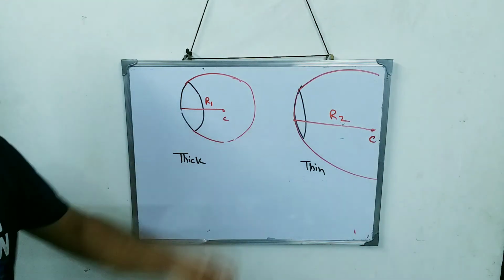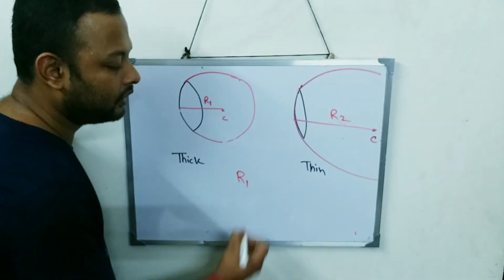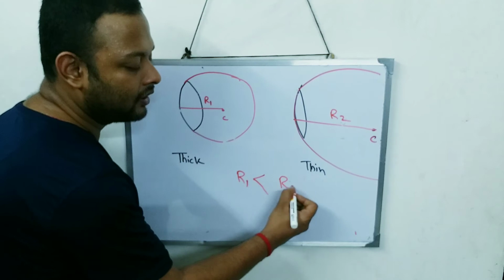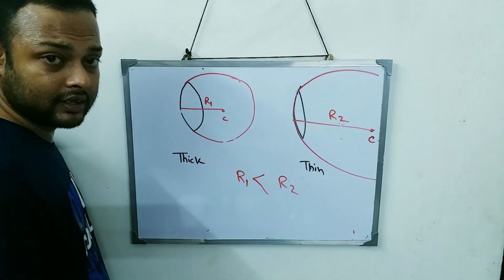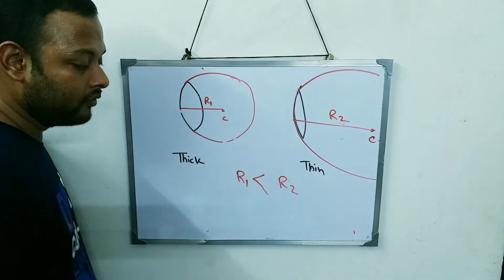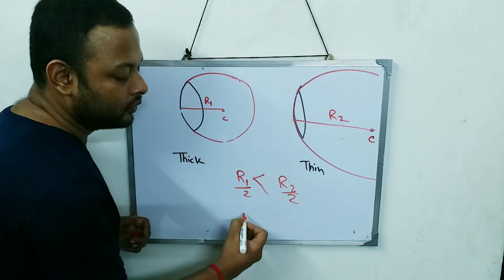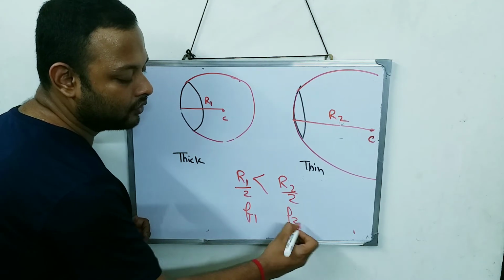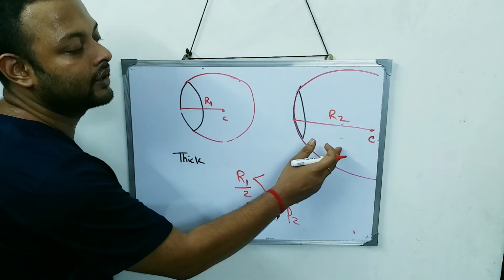By looking at the figure, you can say R1 is less than R2. This one is less, this one is more. And if R1 is less than R2, obviously if we divide the radius of curvature by 2, then we'll get the focal lengths F1 and F2. So the focal length over here will be less and the focal length over here will be more.